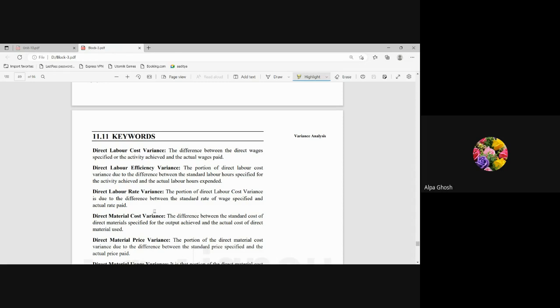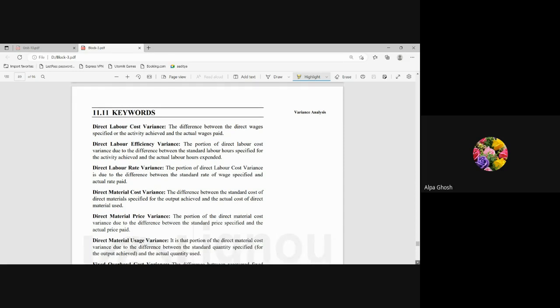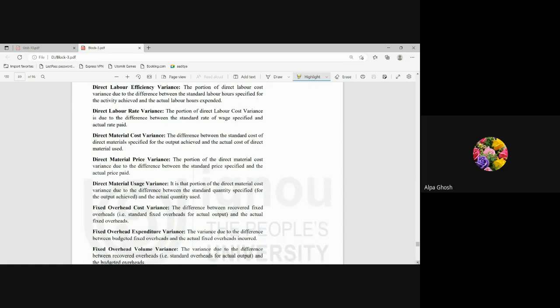This is variance reporting. Direct material price variance means the price at which the raw materials are available. Direct material is your raw material. Direct material usage variance, you are using the materials once they are purchased and stored in the storeroom. How much material was supposed to be used for a particular unit of production and how much you are using.